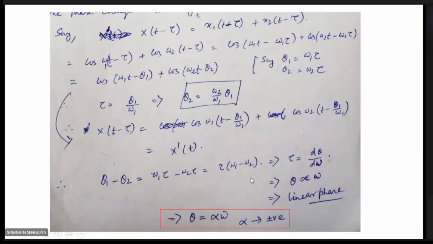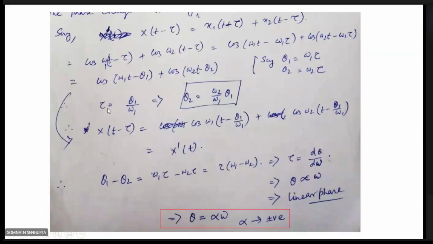Now, how this is coming is described well in this note. As you can see here, we considered the delay tau. The same delay tau for two frequencies omega 1 and omega 2, and two phases theta 1 and theta 2.